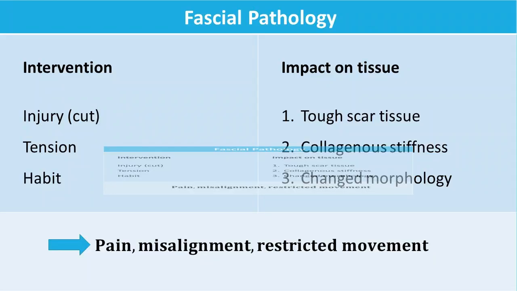And when they place the guitar down, unless they do regular stretching and rebalancing of the body, the connective tissue of the body will start to adopt that shape, and they'll find one shoulder is more forward than the other. So injury, tension, habit all contribute to some fascial restriction somewhere in the body.